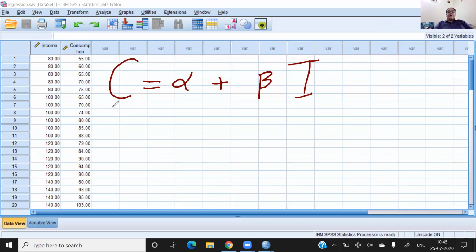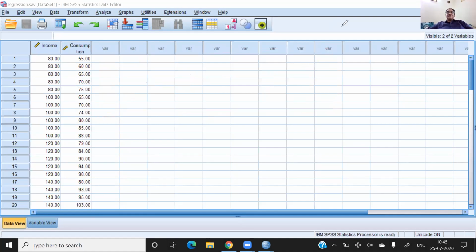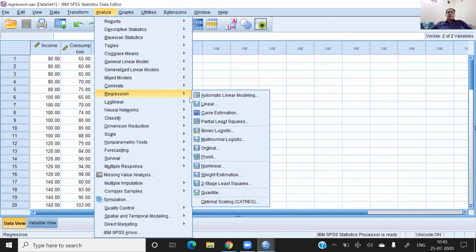So we are going to analyze this regression line, and you can see that in the software we can analyze this regression line in much detail. Let me run this exercise and we'll see the results. Now click on Analyze, Regression, and Linear.